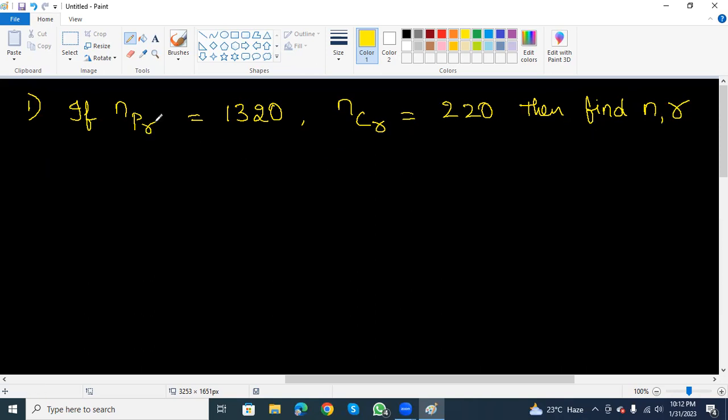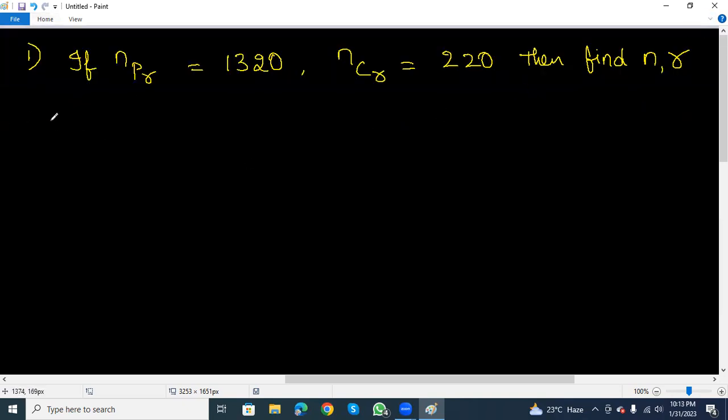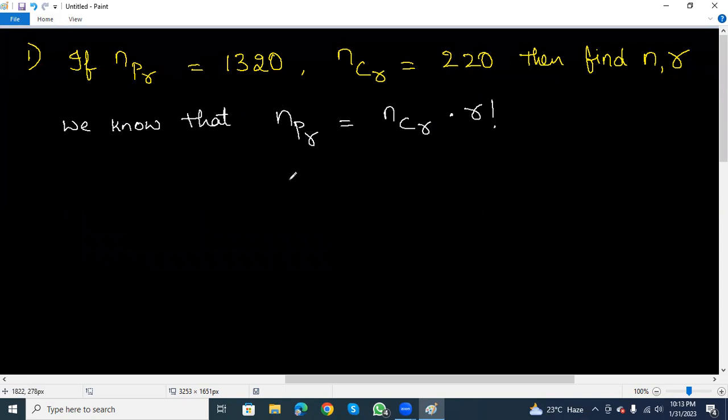When we have both P for permutation and C for combination, we just learned the relation between them. nPr is equal to nCr into r factorial, right? Let's substitute these values: 1320 is equal to 220 into r factorial.